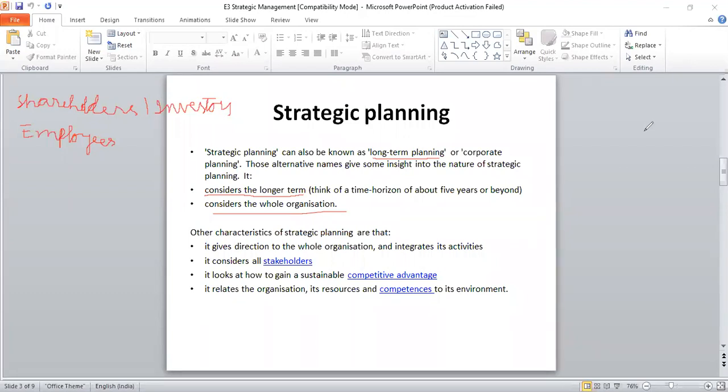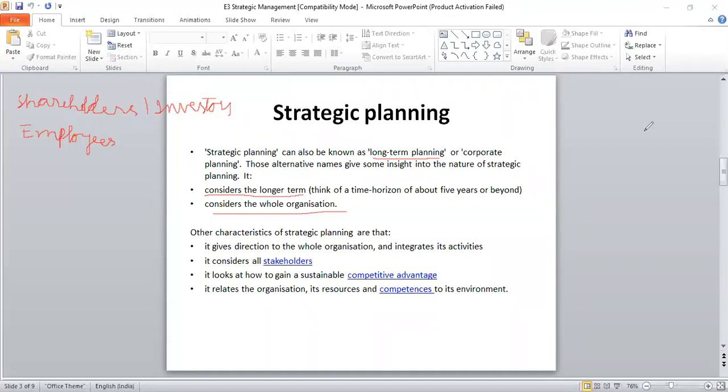Now, when the strategy is framed, the strategy is decided for the organization, it considers all the stakeholders. All of them are considered, right? And the strategy also addresses their requirements, their benefits, the information which should be made available to them.